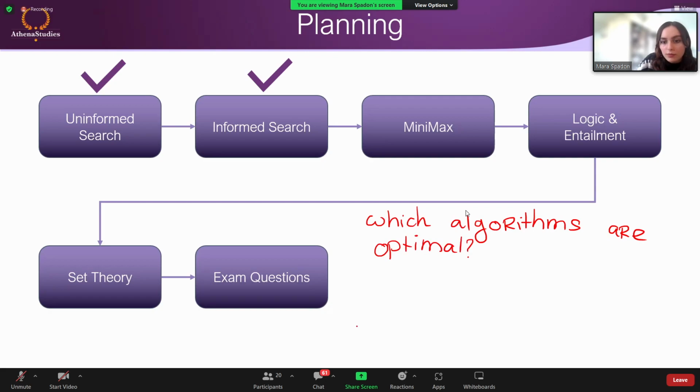Then you have to know the three, which are breadth-first search and depth-first iterative deepening, right? Because since there are limits, we guarantee that it is optimal. And three, we have A star.